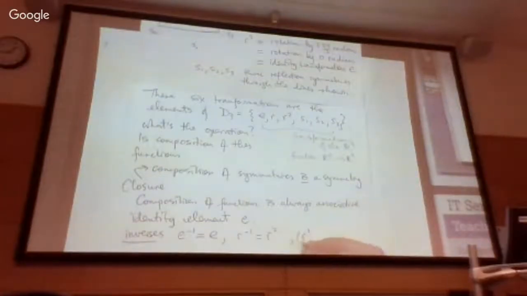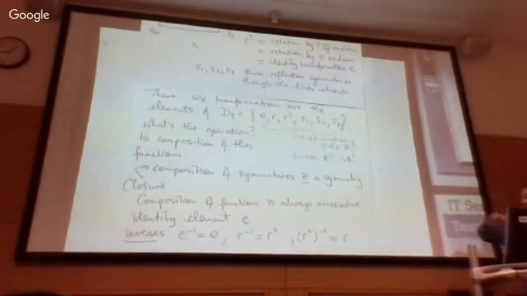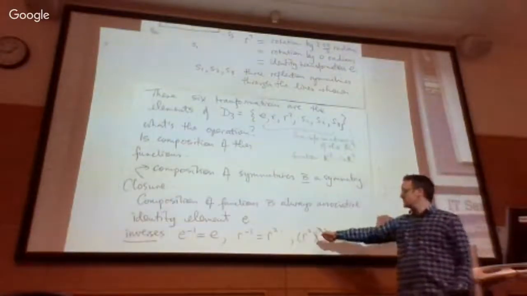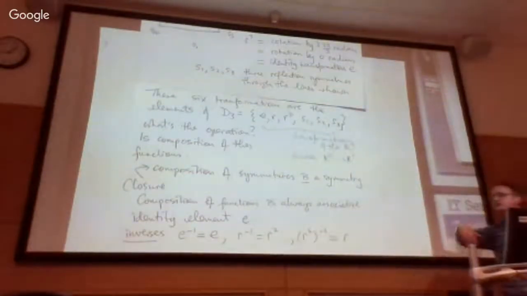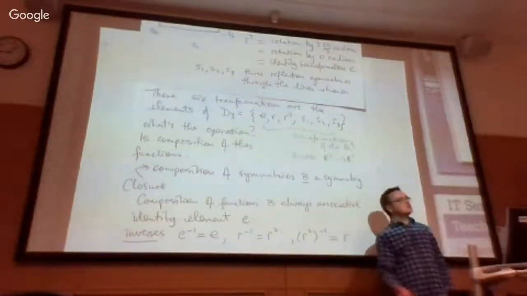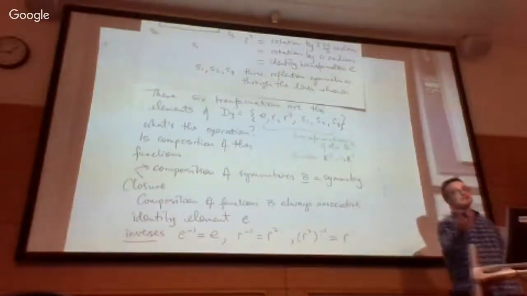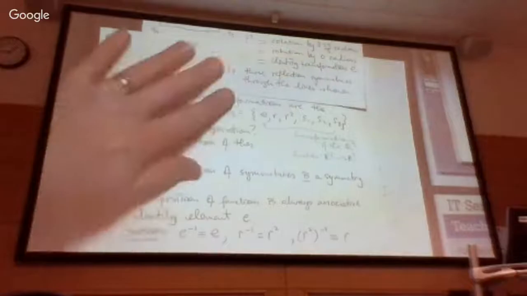So what does that tell us about the inverse of R squared? What should that be? Should be R, yeah. You rotate the plane by 2/3 of a full turn. If you want to use one of these named symmetries to return it to its original position, you just rotate it by another 1/3 of a full turn.